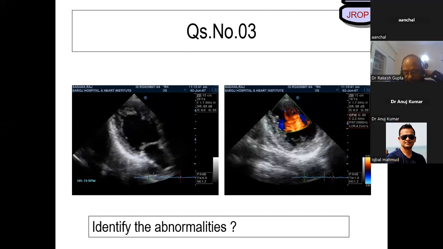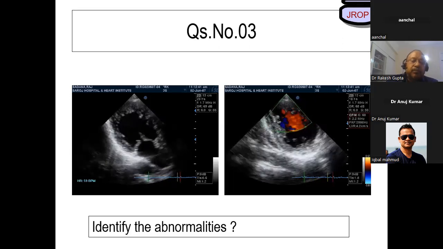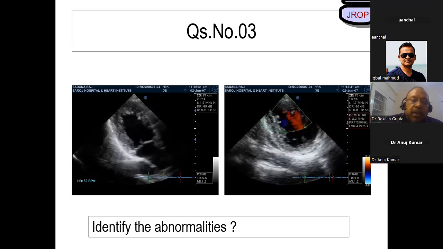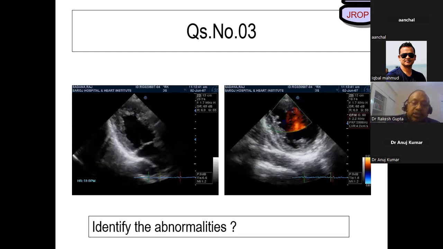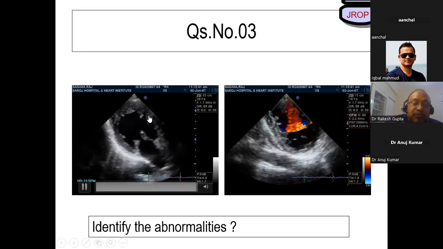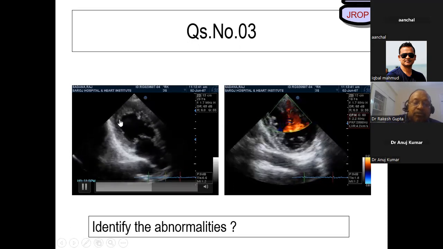What is this known as? This is a non-compaction. Non-compaction, yes. There is no hypertrophy, man. Sir, trabeculations are non-compact. This is a classical example of non-compaction, where the non-compacted segments present like hypertrophy.